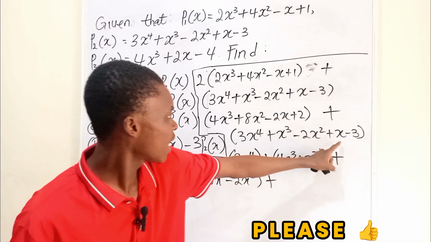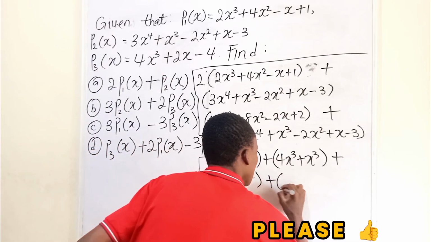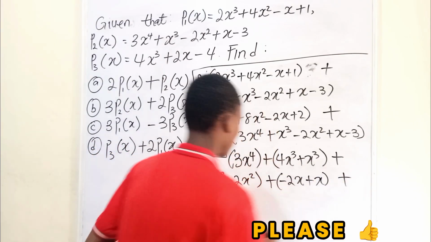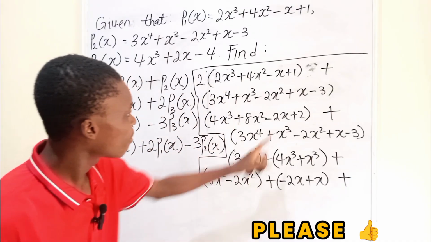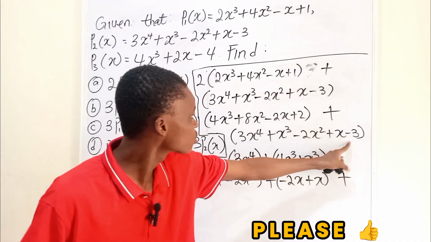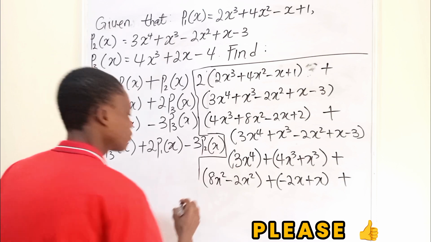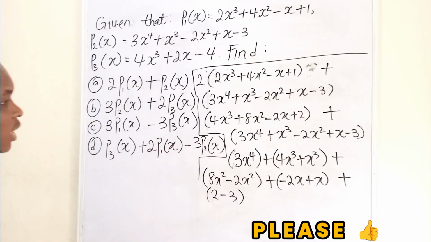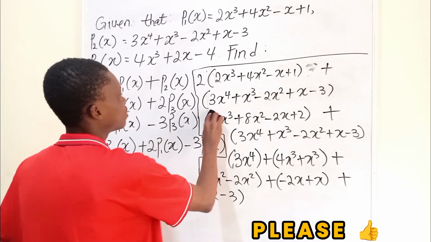Minus 2x and x. So this is minus 2x plus x. We have that one. 2 minus 3 is remaining. So this is 2 minus 3. All right, that's how you collect like terms in polynomials.